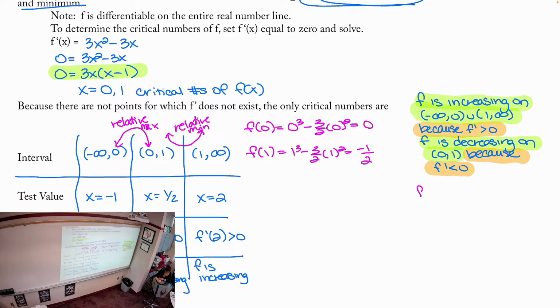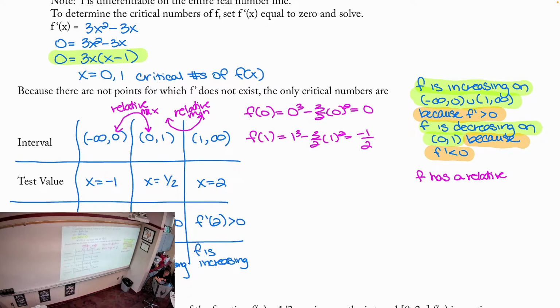So that means that f has a relative max at 0, 0. You can abbreviate max and min, but that is the only thing you can abbreviate. And f has a relative minimum at 1 comma negative 1 half.